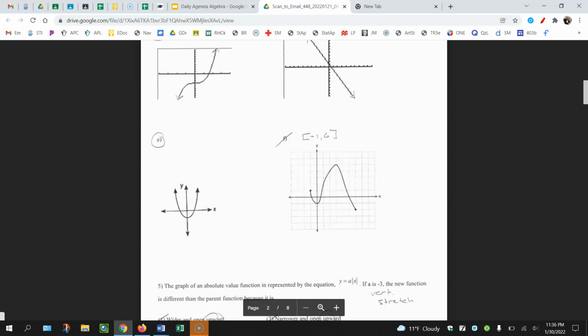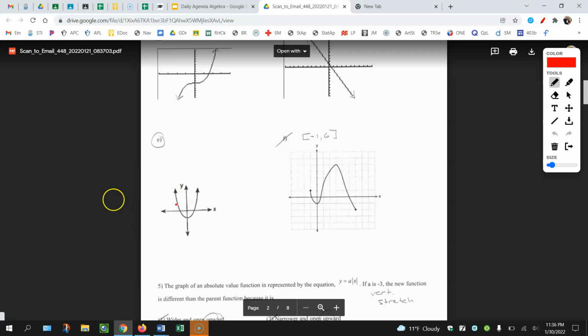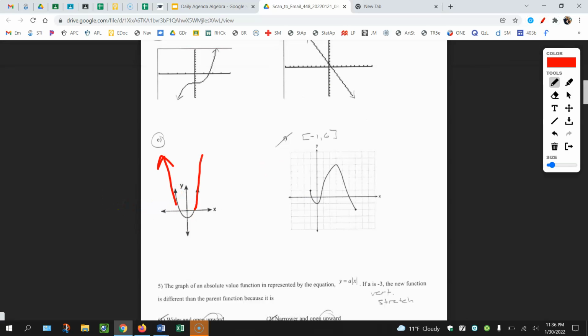E and F. E, you can see, has arrows on both ends of this parabola. So this is going to continue up and to the left. This is going to continue up and to the right. So as this goes to the left, it's going to head towards -infinity. As this keeps going to the right, this is going to head towards positive infinity. So this is going to be a domain of all real numbers, or -infinity to infinity.